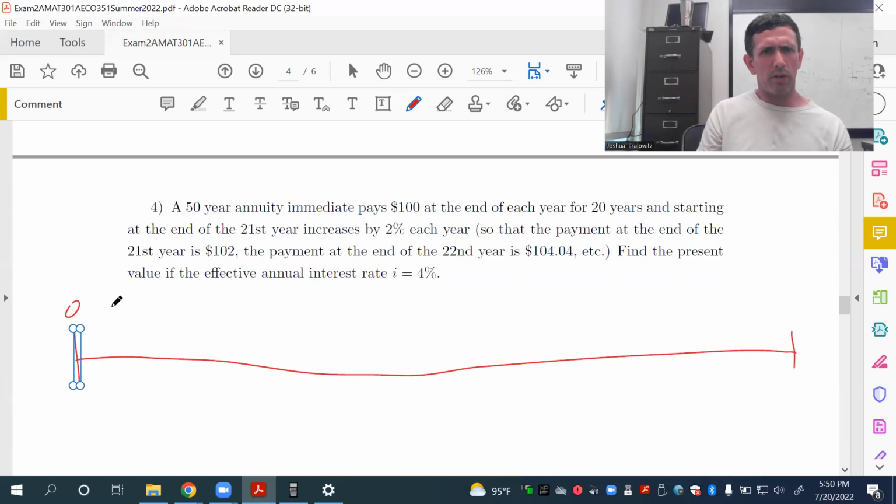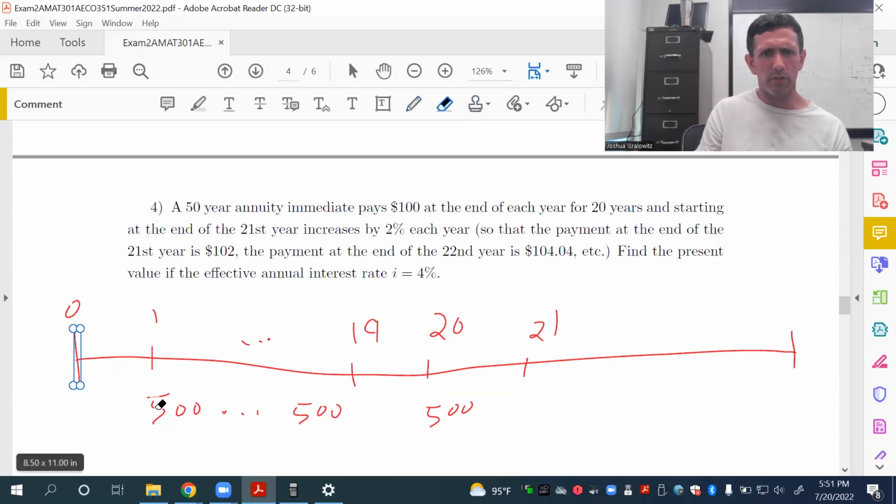All right, so it pays 100 at the end of each year for 20 years. At the end of the 21st year, payments increase by 2% each year. Sorry, I don't know why I have 500, it's 100.